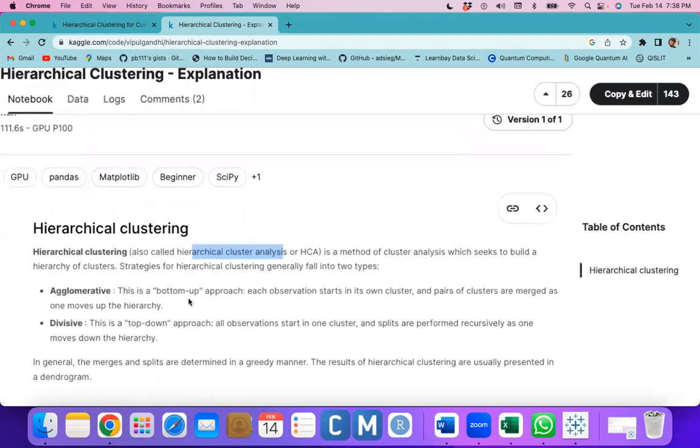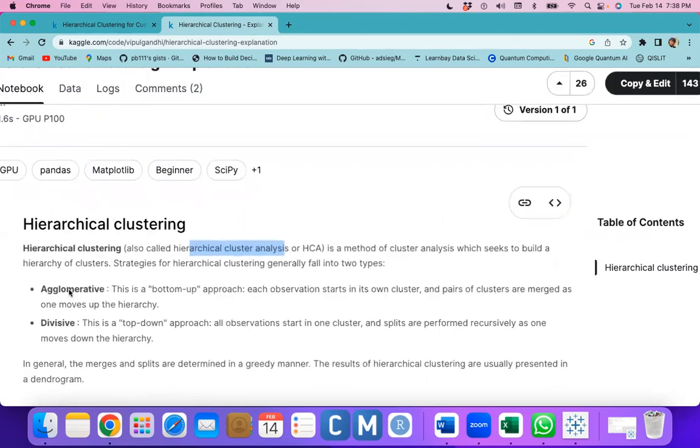The difference between these two: in the agglomerative concept, each and every observation is initially its own cluster. That means if the data set has 50 observations, initially it has 50 clusters.